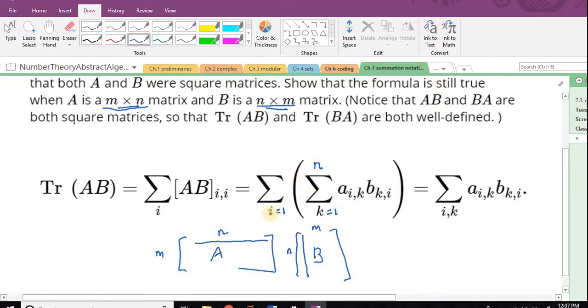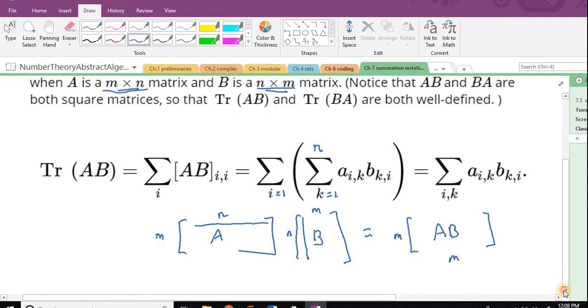All right. Now what about this i? This i is summing over the diagonal entries of AB. Now what size is AB? How many rows and how many columns? In fact, the number of rows of AB is the number of rows of A, and the number of columns of AB is the number of columns of B. So this is m and this is m.